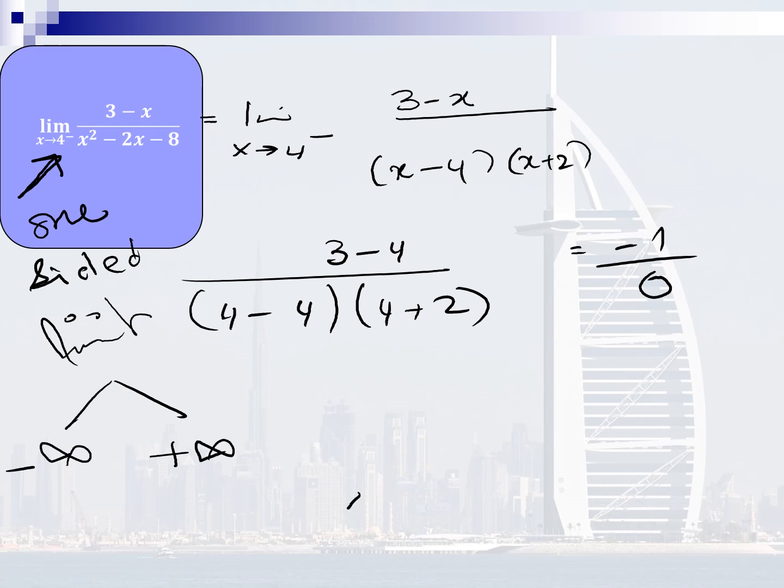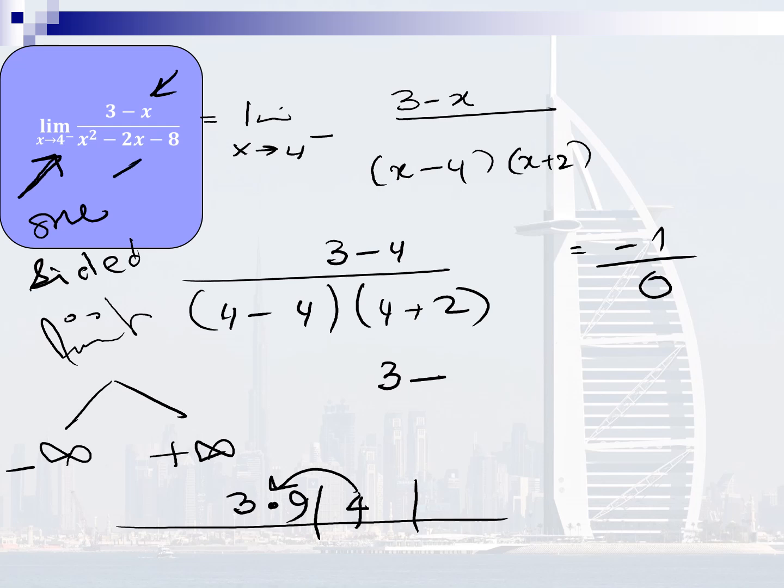On the left side, if I make the table, I have, for example, 3.9. In the calculator, I don't need to show the work, in place of every single x, I am going to write 3.9.